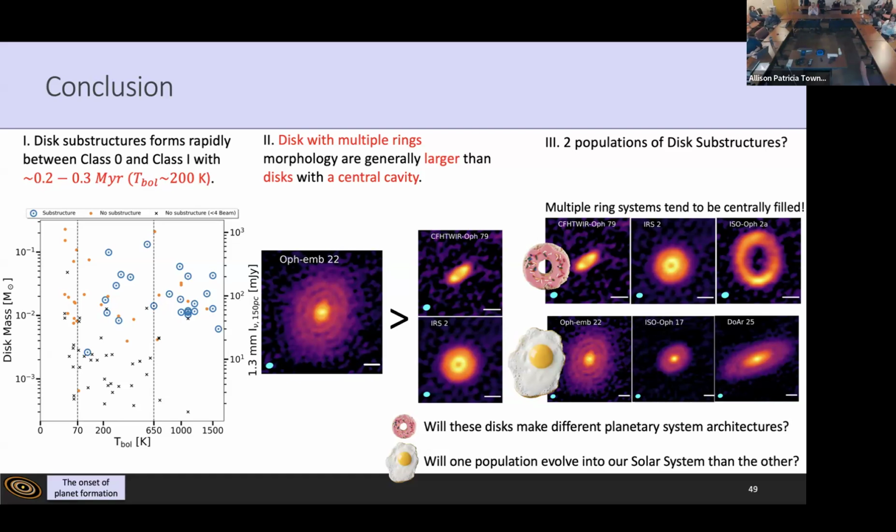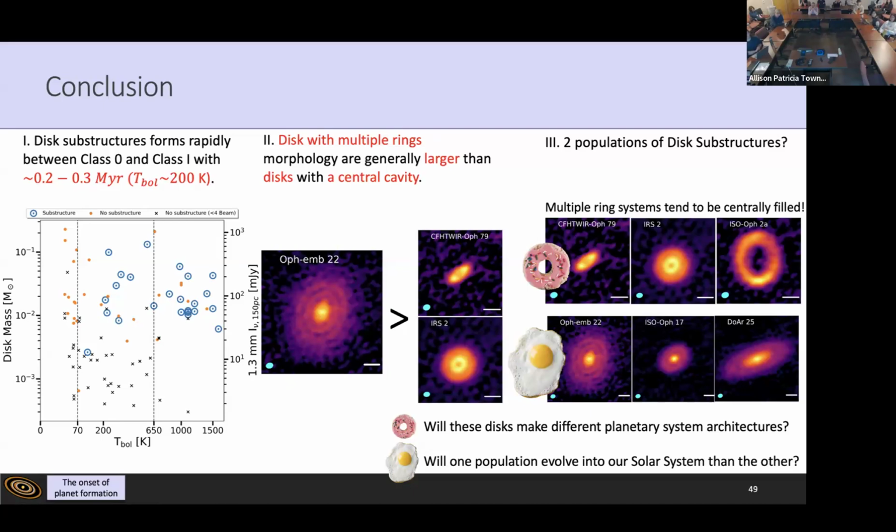We found multiple rings tend to be larger than this with a central cavity, but this could be an observational bias. Interestingly, our data tend to suggest there are 2 populations of these substructures. One is like a donut shape with a large central cavity, and the other one is centrally filled.